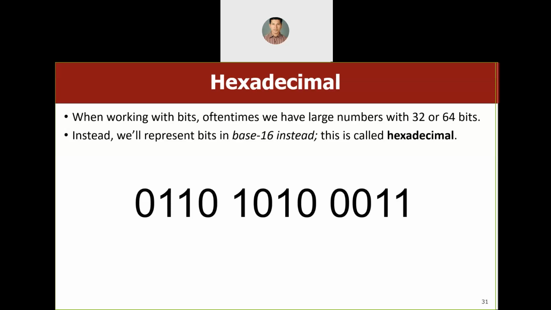We use alphabets: A, B, C, D, E, F. 9 is the last number we have with the digits. 10 is A, 11 is B, 12 is C, then 13 is D, 14 is E, and 15 is F. So now how to do this? If we take a binary number, what should we do? We should group them into 4 binary digits.